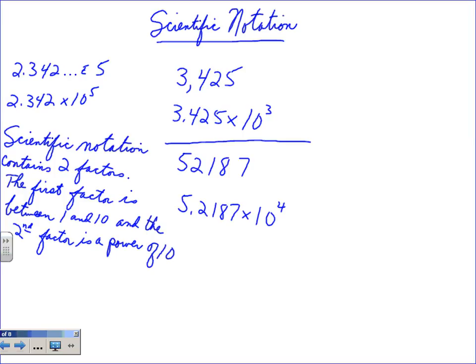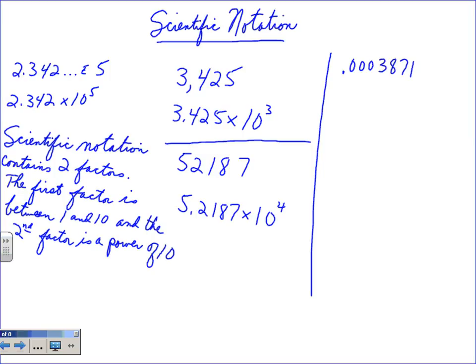So, let's take some examples here. Let's go the other way. Let's take a number like 0.0003871, and let's write that number in scientific notation.